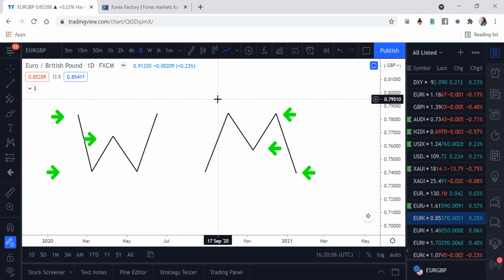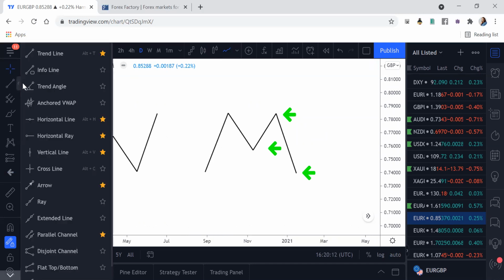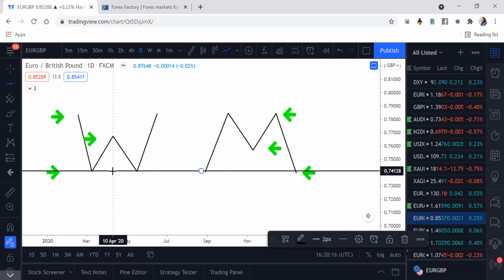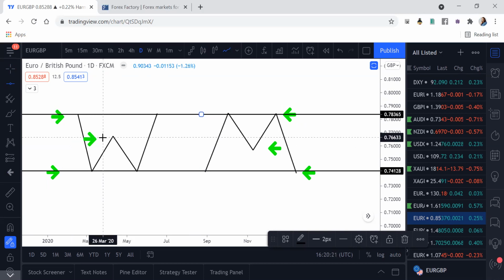And these three areas you're going to mark with horizontal lines. So you're going to use the horizontal line to get the bottom, the top, and the middle. That is what you're going to do on the line chart, and it makes it very easy.